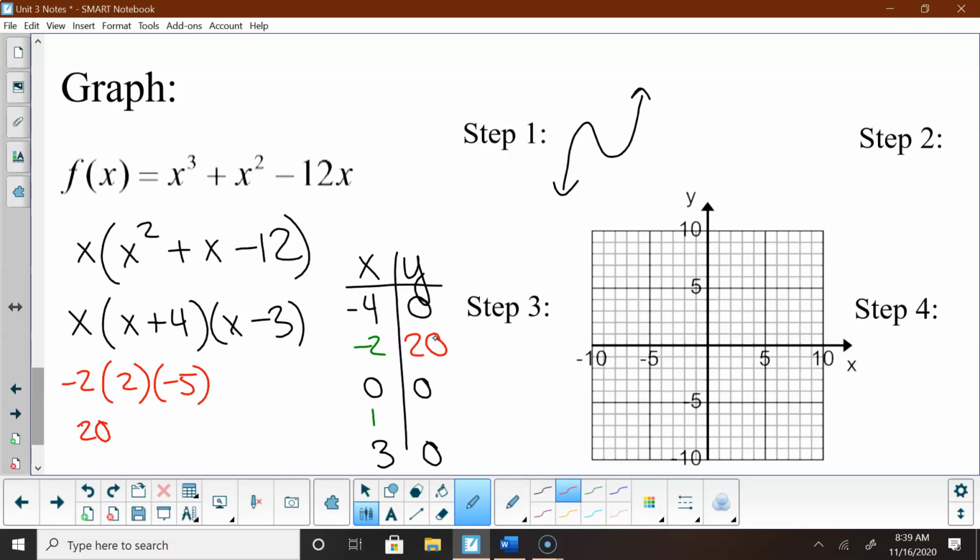All right. So, what do we want to make our y-axes on this one? Just like twosies? Because that'll get us up to positive 20. So I've got negative 2, positive 20, that's right here. Negative 4, 0, origin, 1, negative 10, and 3, 0.